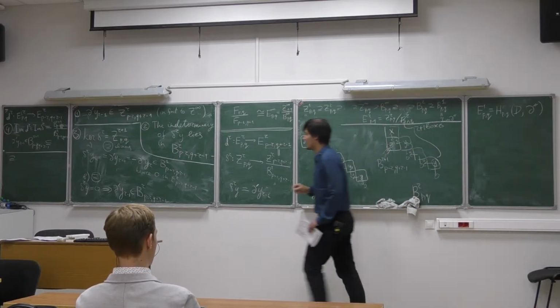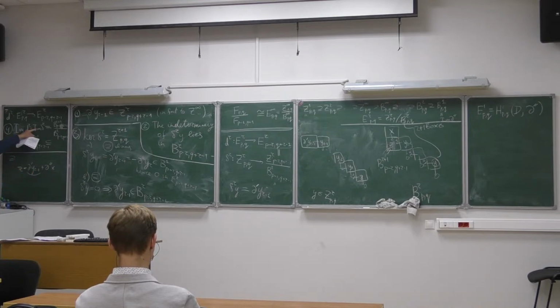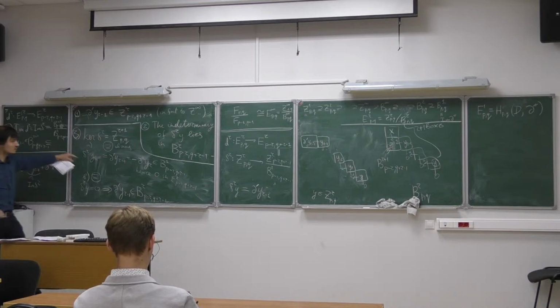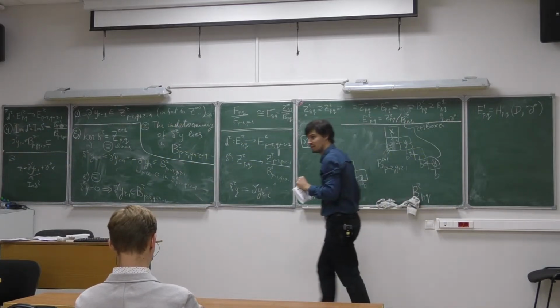So I get that z equals d prime of y_(r-1) plus d2 primes of this x. But okay, what we see, this one obviously belongs to the image, but this one belongs to B1.